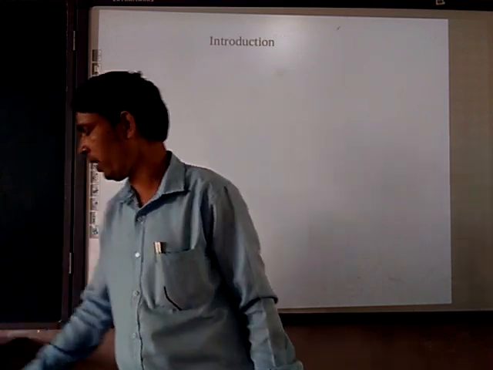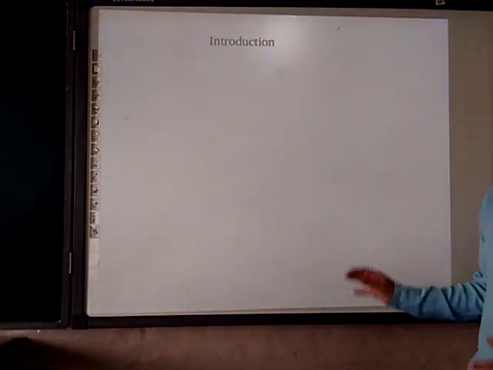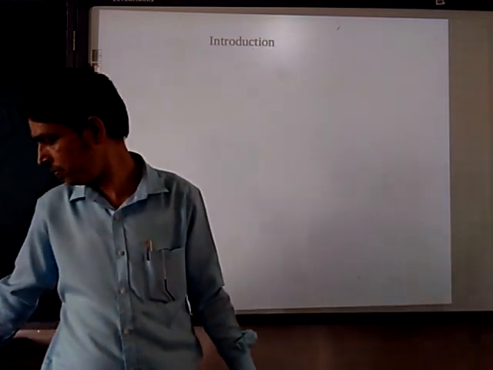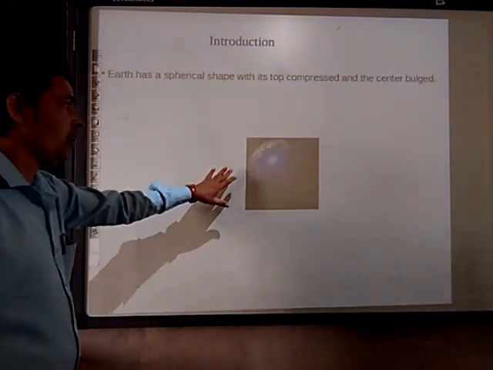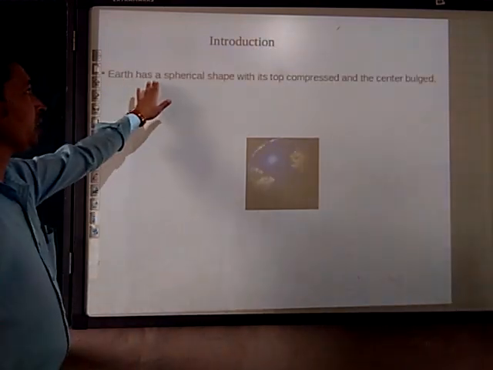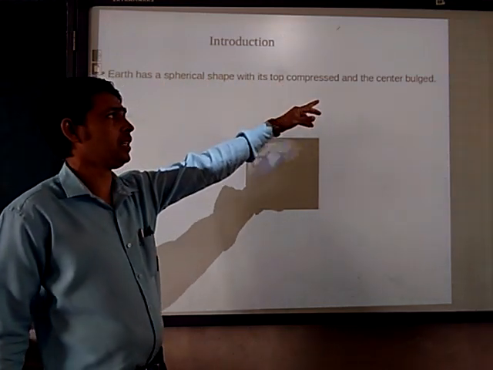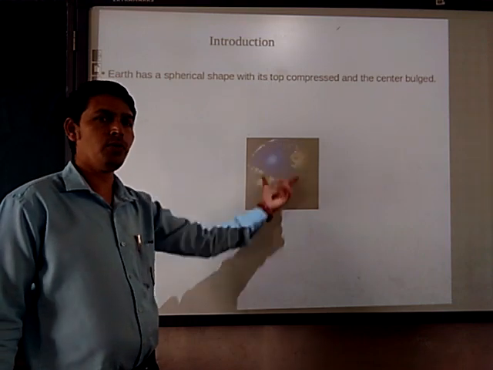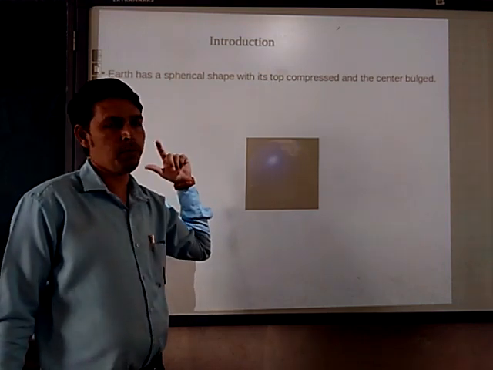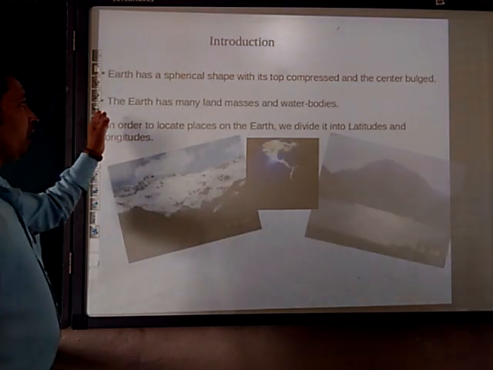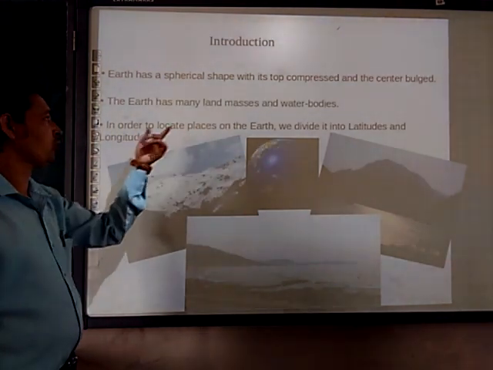Point number 1. Here the introduction part is speaking about the earth. Earth has a spherical shape which is top compressed and the center is bulged. So you are seeing the earth is moving. Next, the earth has many land masses and water bodies.